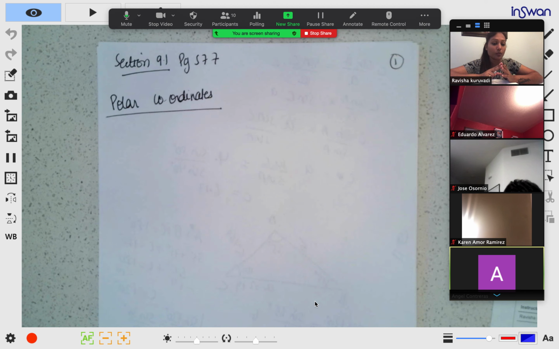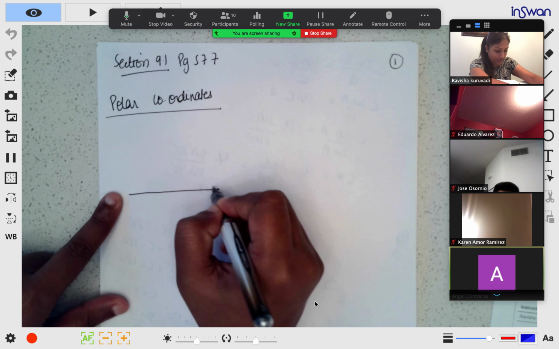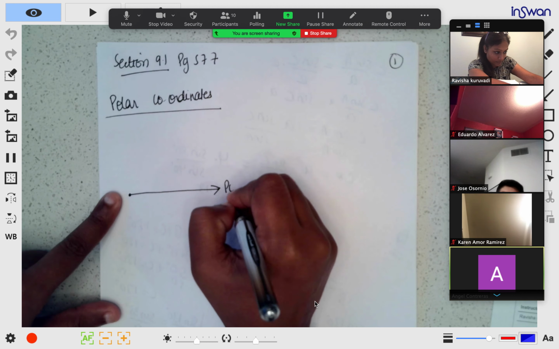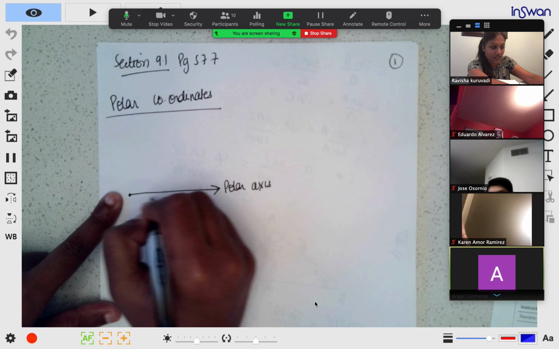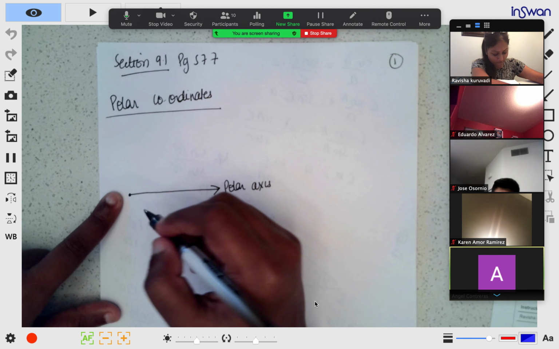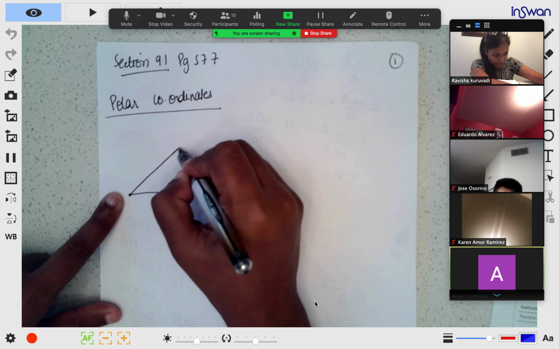How you write polar coordinates is, you have this axis here, which is known as the polar axis. You have this straight line going like this. From here you have a line going here.